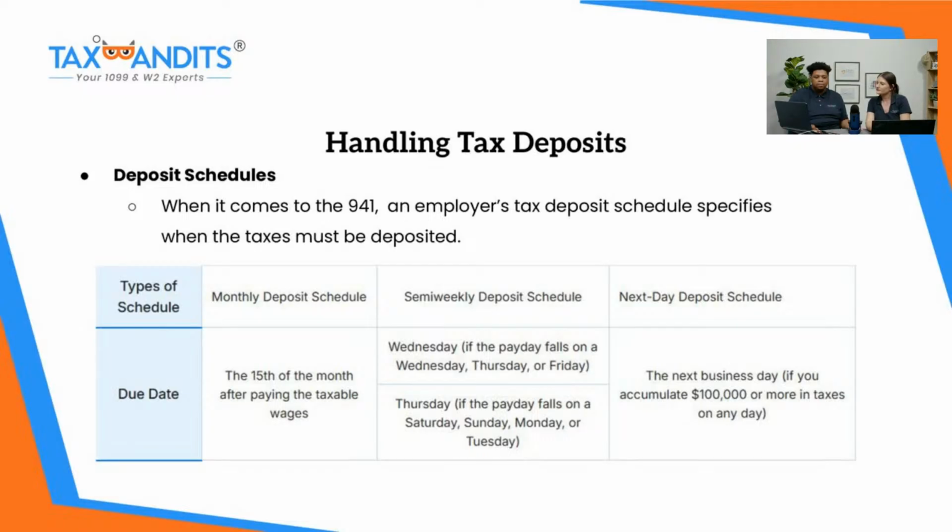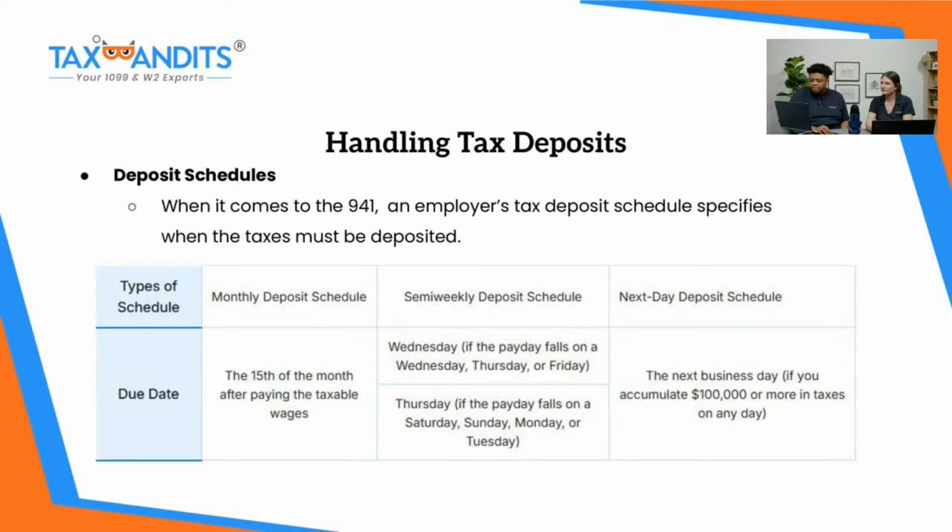For monthly deposit schedules, usually the due date for the deposit itself will be the 15th of the following month after you pay the taxable wages. Similarly, for semi-weekly depositors, meaning that you have $50,000 or more in tax liability, the deposit is usually due on that Wednesday of that week.